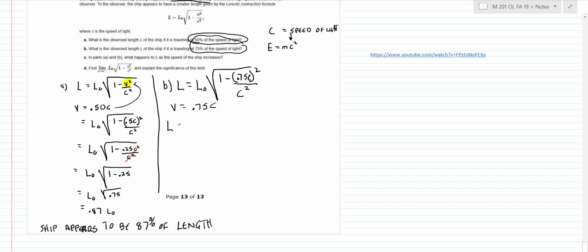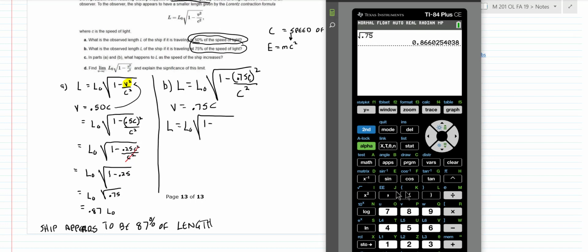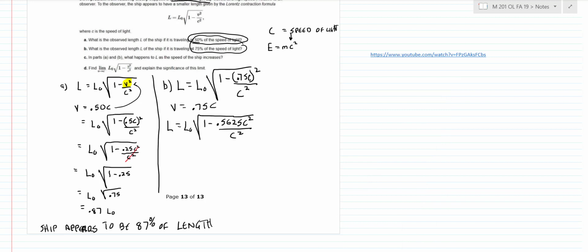Okay, so this would end up giving L equals L naught times the square root of 1 minus, and you'd have to square this, and a similar result will happen. So we take the 0.75 and square that, so we get minus 0.5625 c squared over c squared. All right, and again, the c squared crosses out.